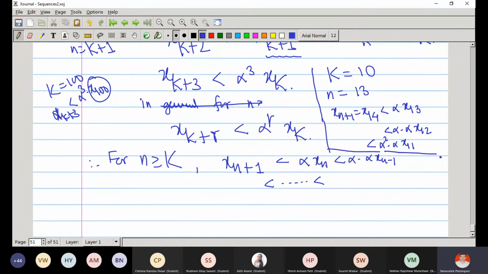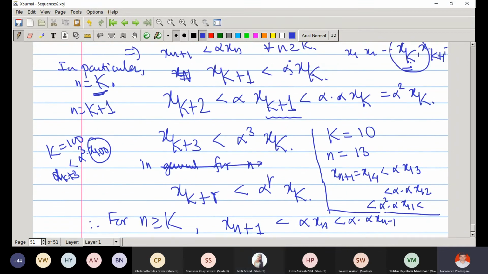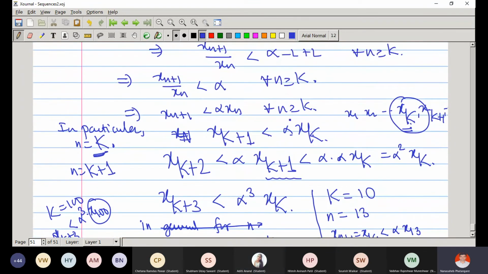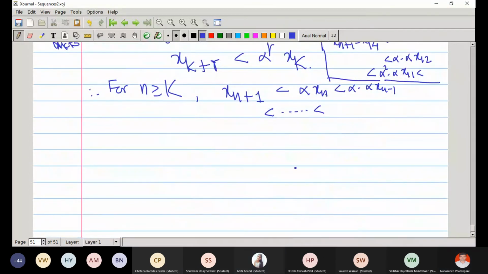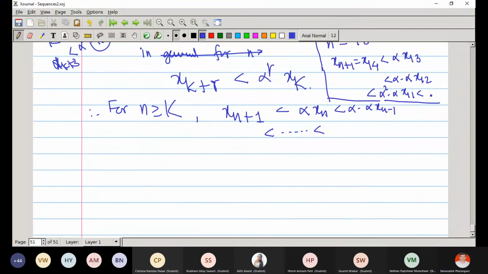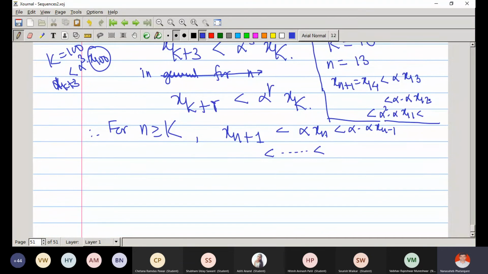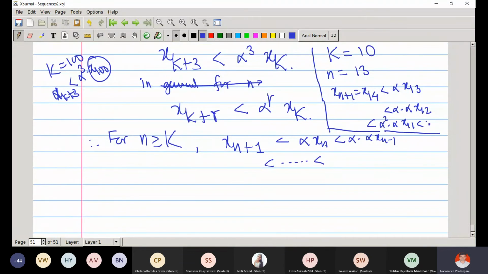Where should we stop? How can you go beyond? Because we are sure only for n greater than or equal to k. We cannot go below xk.